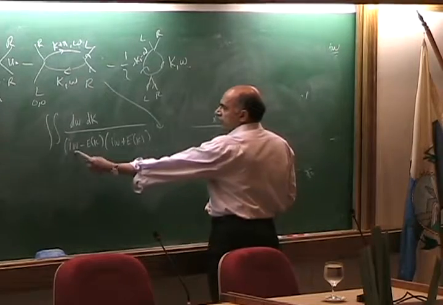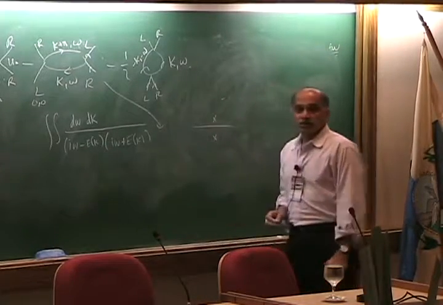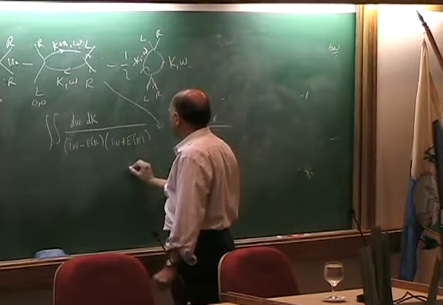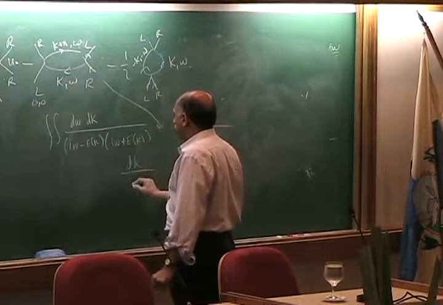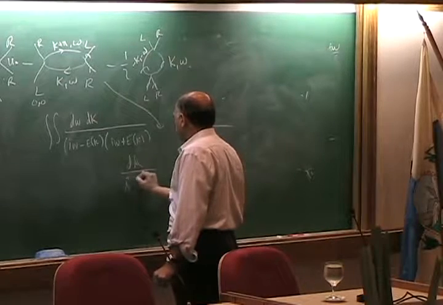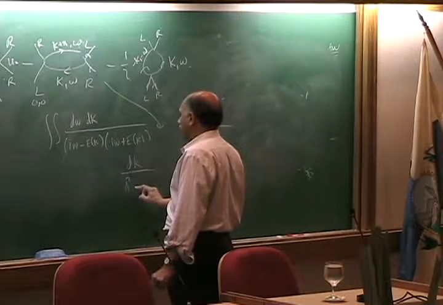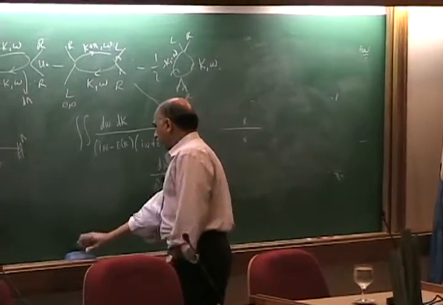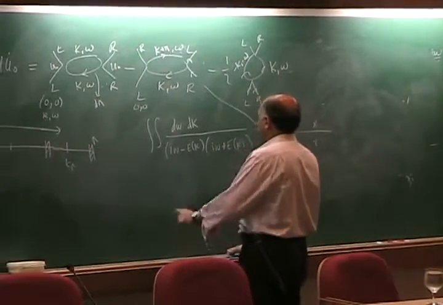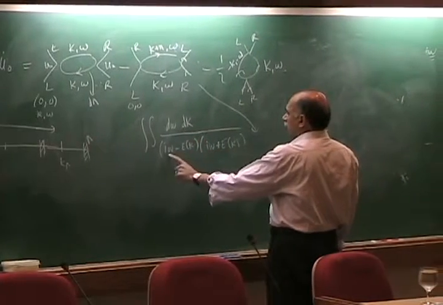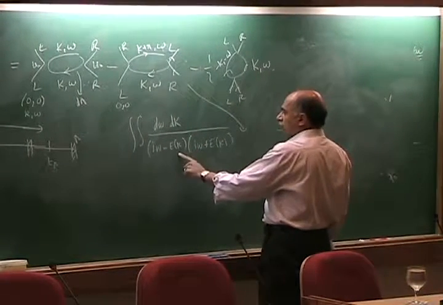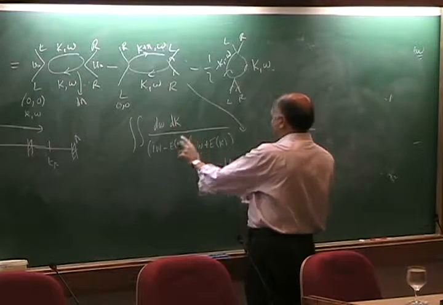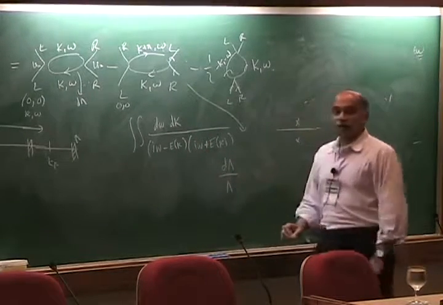This looks roughly like omega squared plus E squared. And that, I claim, will look like dk, where k is at lambda. When you do the omega integral of d omega over omega squared plus E squared, you will get 1 over mod E. And dk is a sliver of size d lambda, and k is at the cutoff, so you get d lambda over lambda.